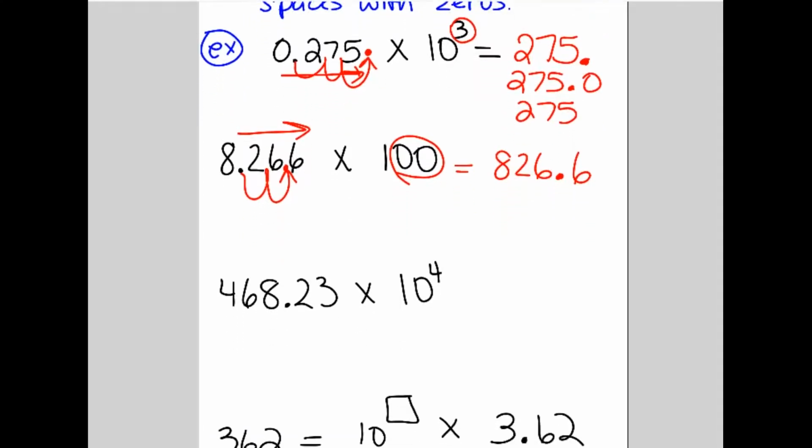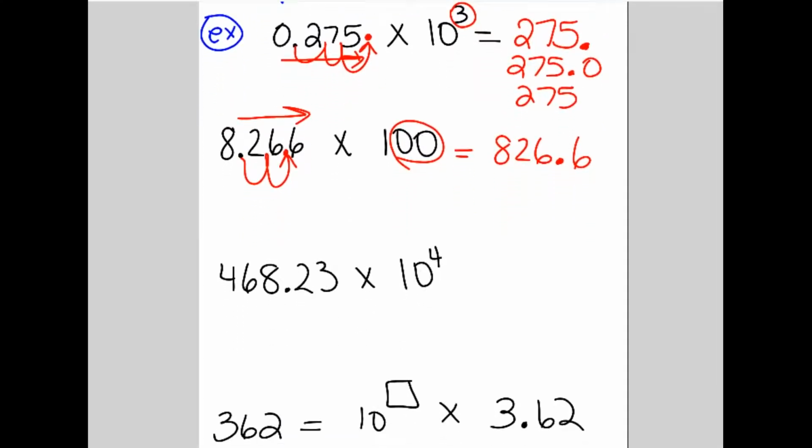Let's move on to the next problem. Now this one says 468 and 23 hundredths times 10 to the 4th power. So that means, again, we're multiplying only. So we're moving it to the right. And I move it to the right 4 places because of this exponent. 1, 2, 3, 4. Okay, now here's where I see our 2 missing spaces. So we would put a 0 here and a 0 here.